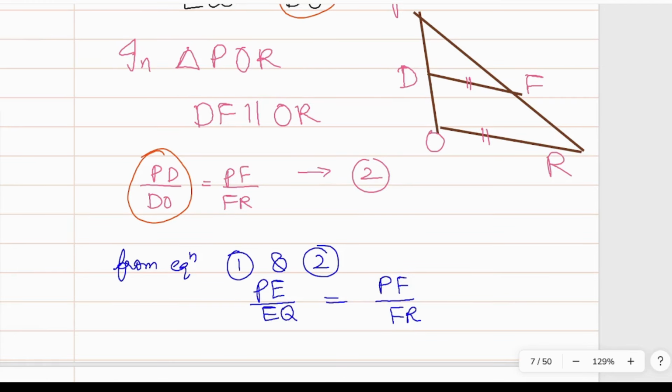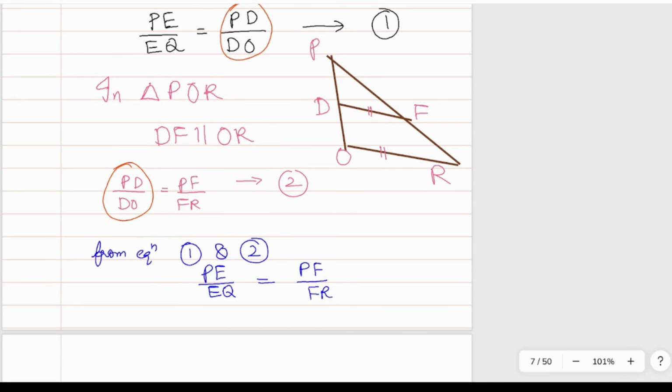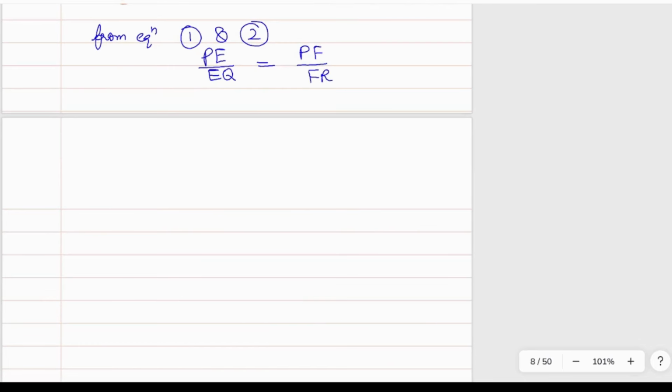What does the converse of the BPT theorem say?